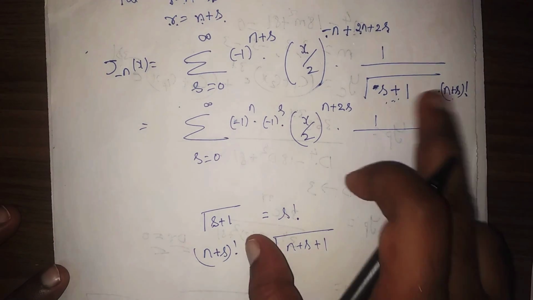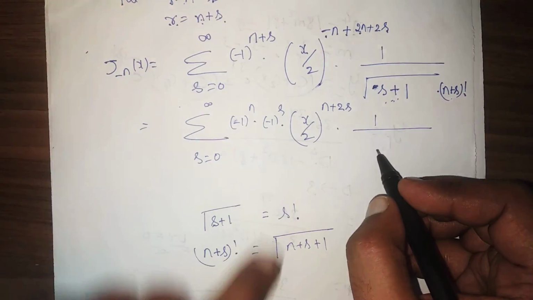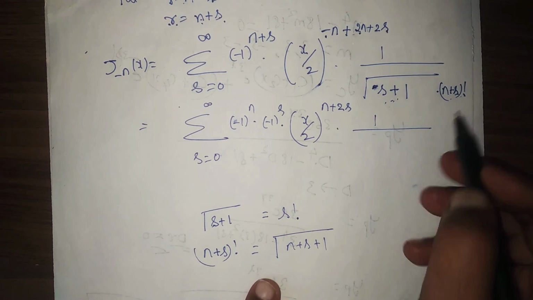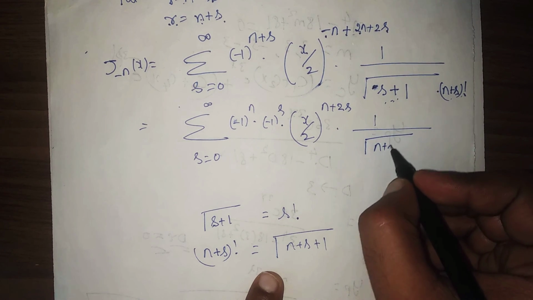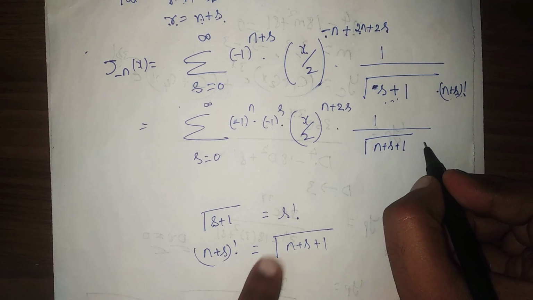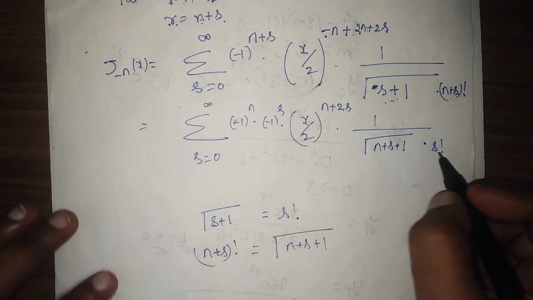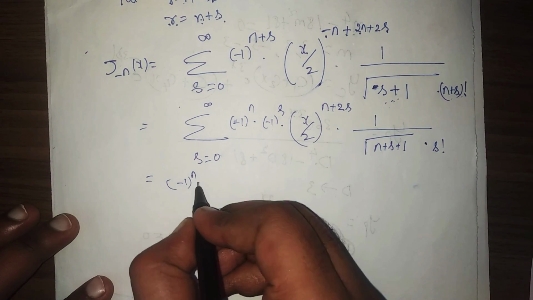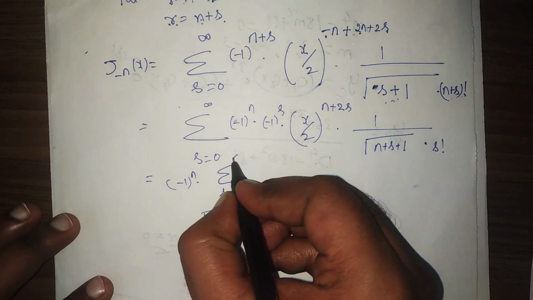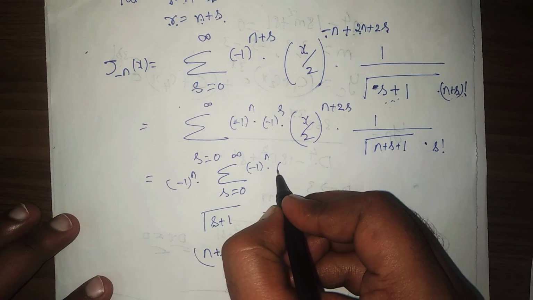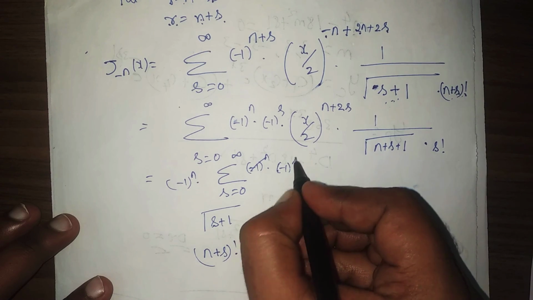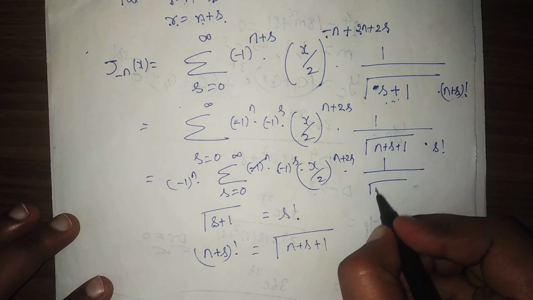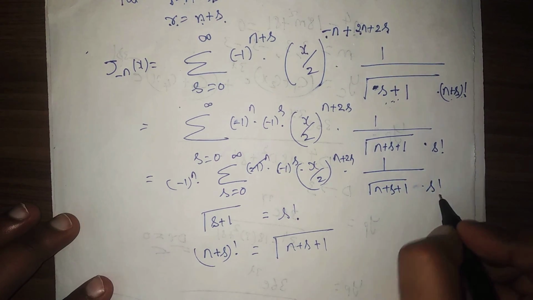So if I substitute here, in the place of gamma of s plus 1 I can write s factorial, in the place of n plus s factorial I can write gamma of n plus s plus 1 into s factorial. Minus 1 whole power n has nothing to do with the summation, so we have minus 1 whole power s, x by 2 to the power of n plus 2s, 1 divided by gamma of s plus 1 into s factorial.